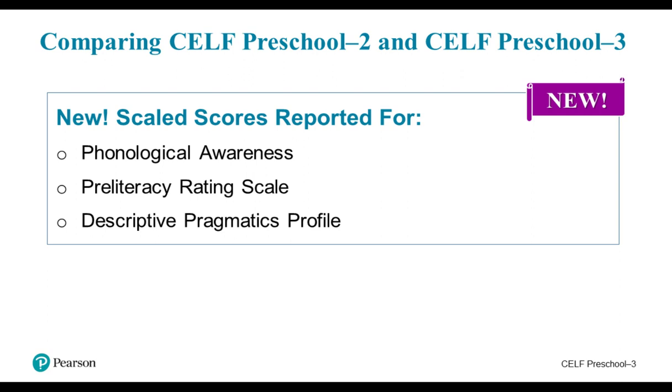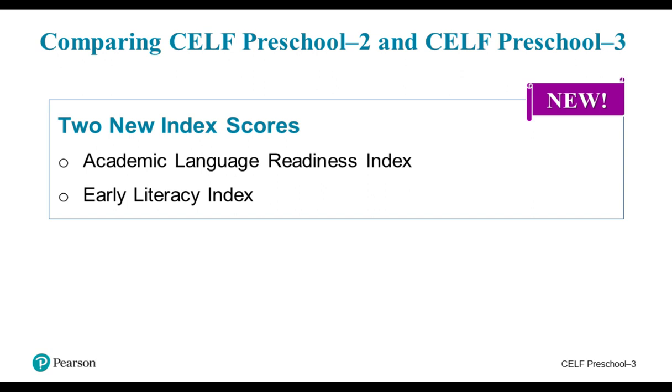The CELF Preschool-3 offers additional subtests that yield scale scores, allowing professionals to easily compare a child's performance to that of typically developing peers. The subtests that now offer scale scores are Phonological Awareness, the Preliteracy Rating Scale, and the Descriptive Pragmatics Profile.